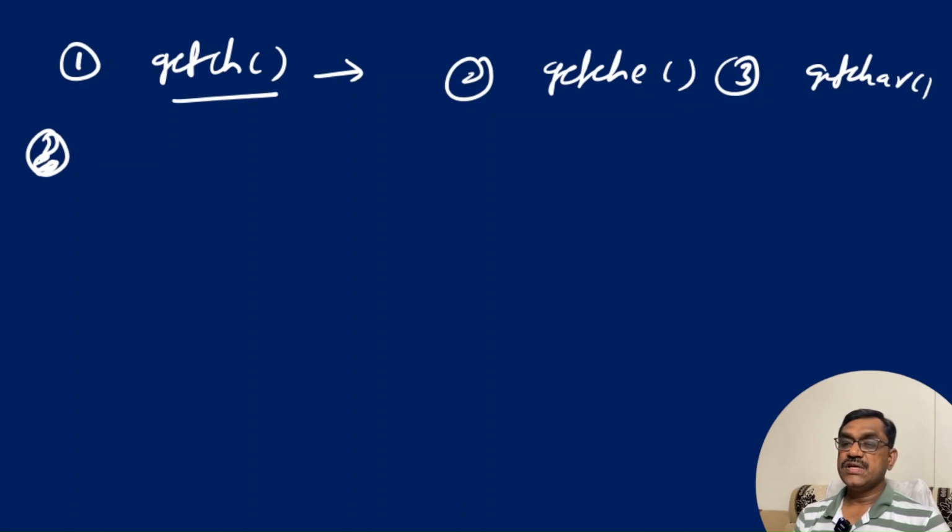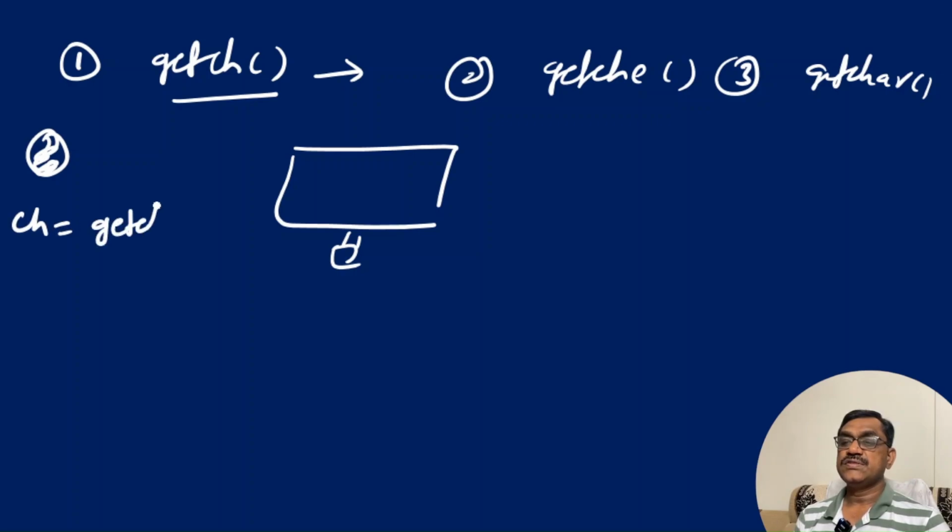See, the difference here is, assume that this is the screen where you want to enter a character, and assume that in the programming you are saying ch equals getch. This is the function you are using. Already I said that this getch function is available in conio.h. We have included this header file. When you use the statement ch equals getch, what happens at execution time?